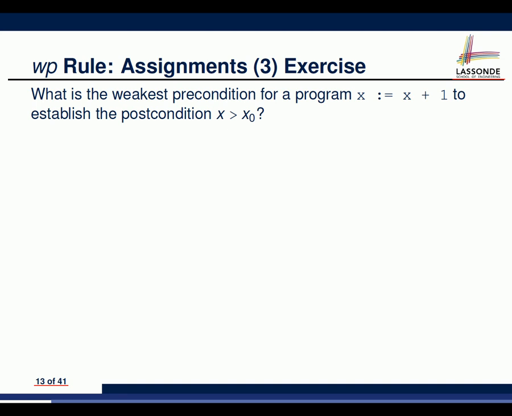If given some program, x is assigned to x plus 1, I want to know what is the weakest precondition for this implementation to establish the postcondition x is larger than x0. You can see I'm using x0 here. It is as if I say x is larger than x naught. Okay? Calculate in your mind what the weakest precondition should be. If you can, tell me the answer. Otherwise, we can do it together. Okay? I'm going to write it down on the iPad.